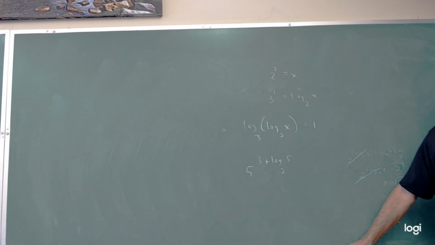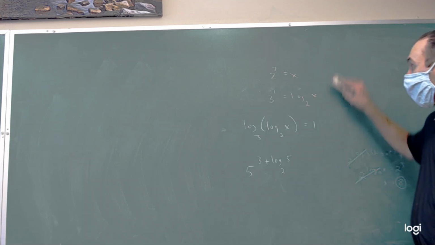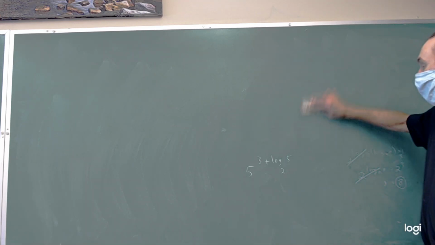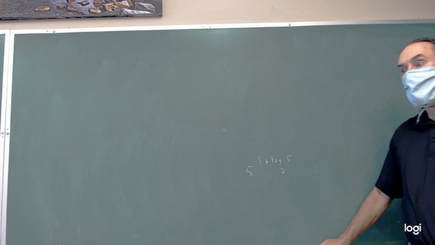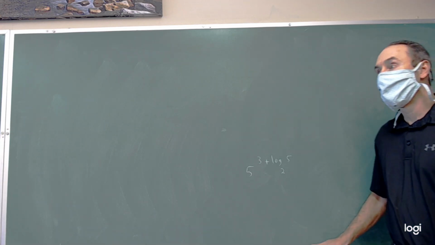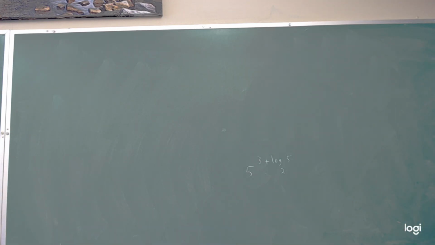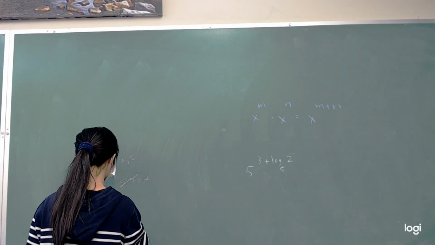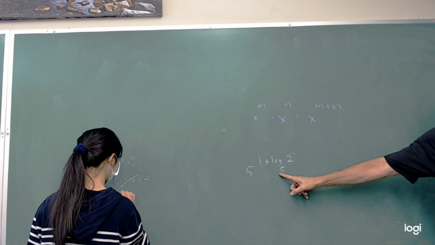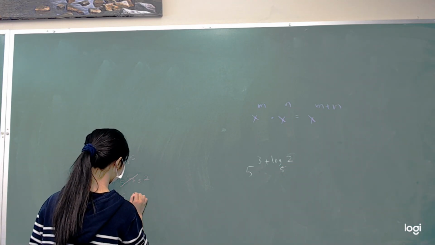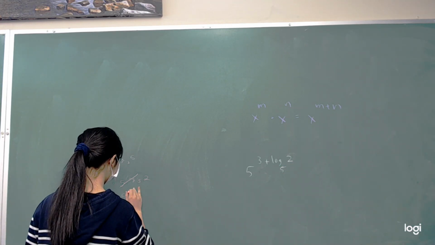Okay. Do you need a hint on the last one? Let's just do it. We're going to give it a shot using your properties of exponents. Changing the problem there, this really should be logarithm base 5 of 2, not logarithm base 2 of 5.